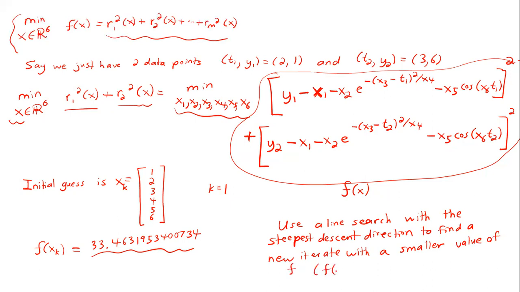So the idea is that I want f of xk plus 1 to be less than f of xk. And I want someone to show me how I could use a line search with the steepest descent direction to try to find this new iterate.